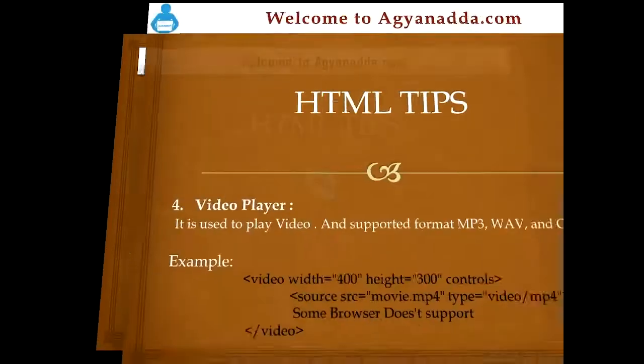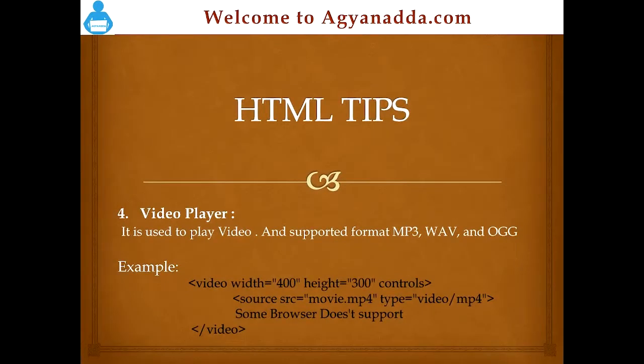The next one is video player. As with audio, it is used to play any type of video which is supported by HTML, and it supports only MP3, WAV and OGG. As with audio, browsers support some formats, so you have to check, for example Google Chrome, Internet Explorer, Mozilla Firefox.